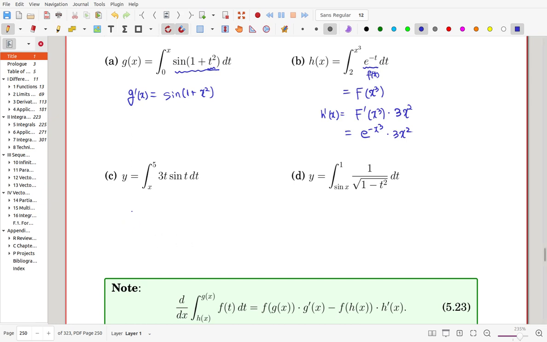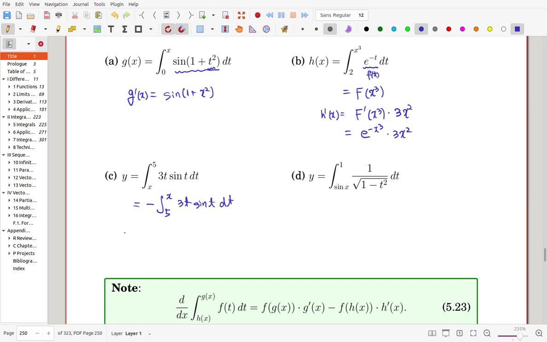Okay, now we'll go to this one. Here the lower bound is x, rather than the top, so by using a property of the definite integral, it can be written as the negative of the integral from 5 to x of the same f of t, 3t sine t dt.